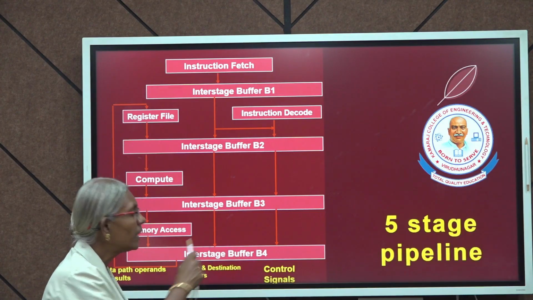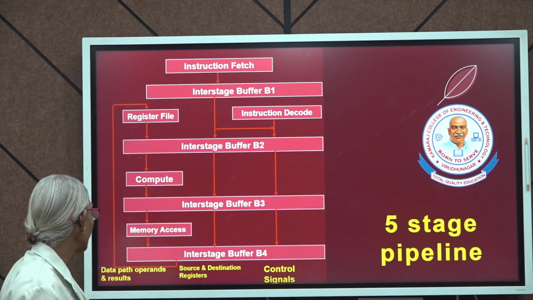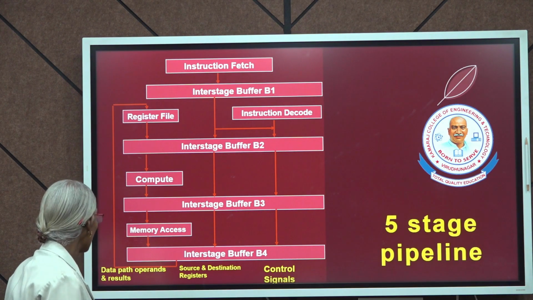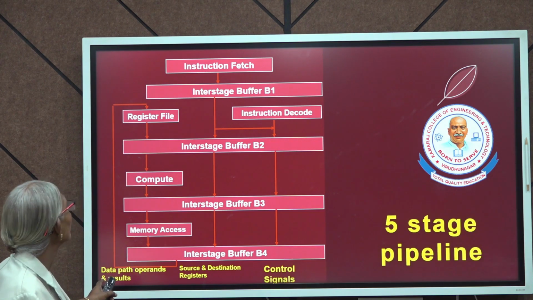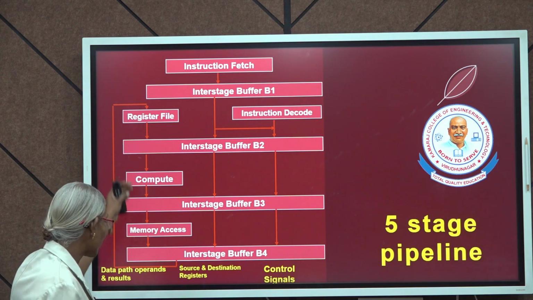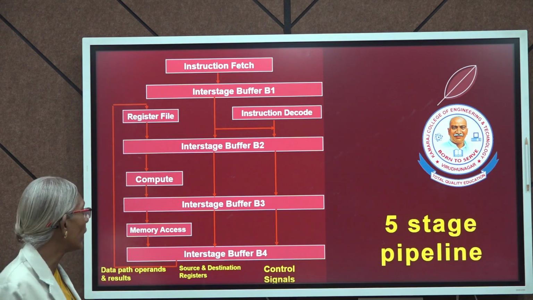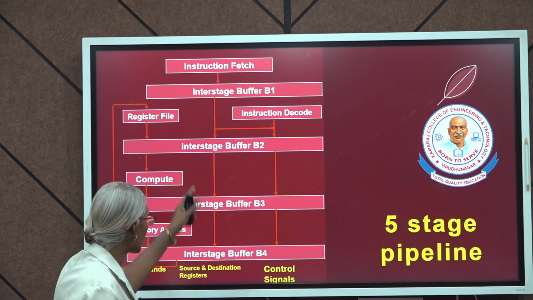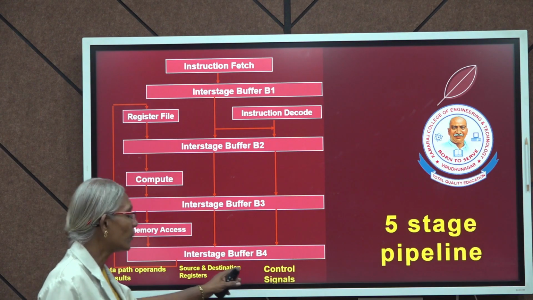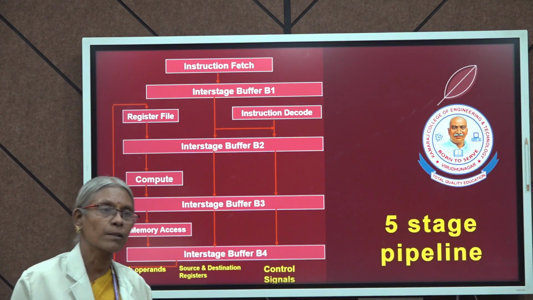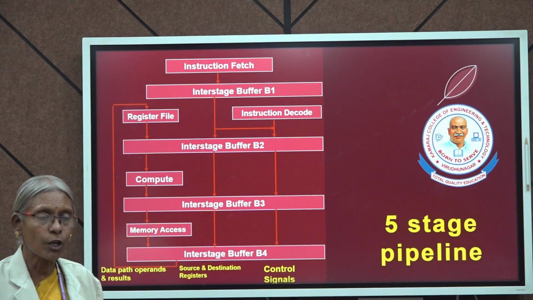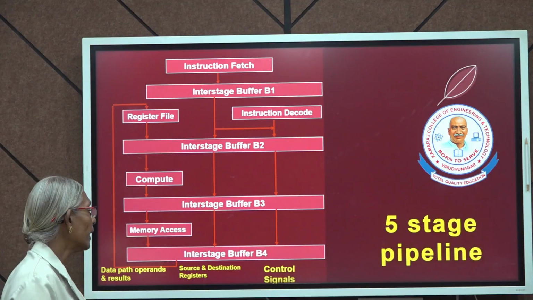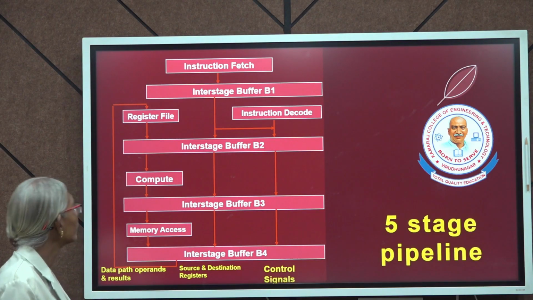These are the different stages in the pipeline. Let us see the data path, operands and results. This is the data path for the operands and for storing the result, and we have the source and destination registers. Of course, we have the control signal, and without the control signal it is not possible.